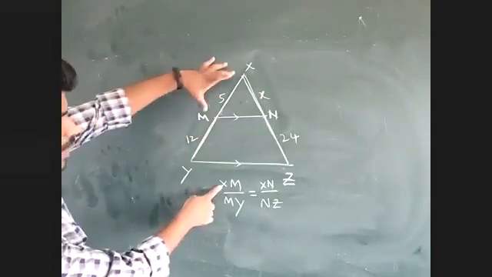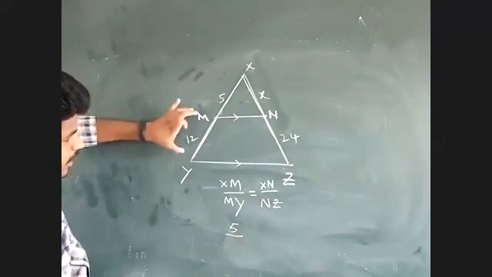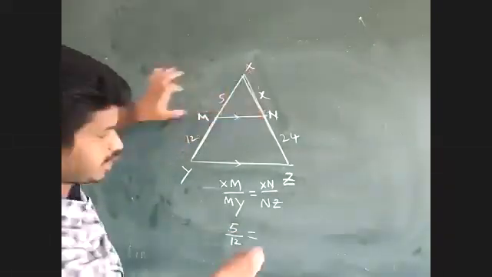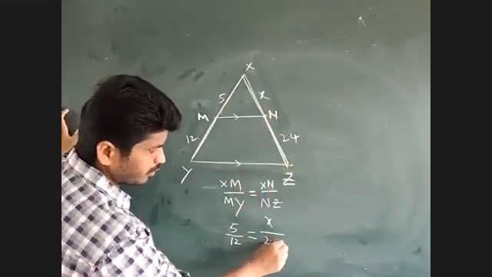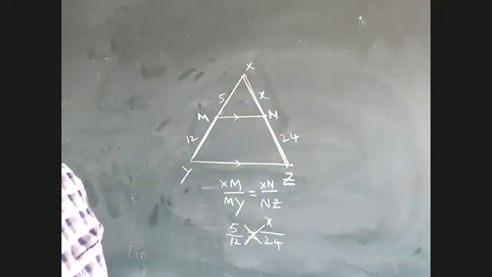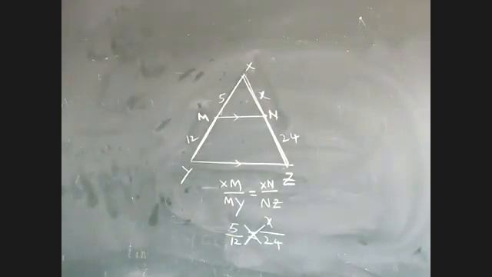Here XM equals 5, MY equals 12, XN equals x, NZ equals 24. Then do cross multiplication, you will get the value of x. Like these questions, they will ask in the exam by using the basic proportionality theorem.